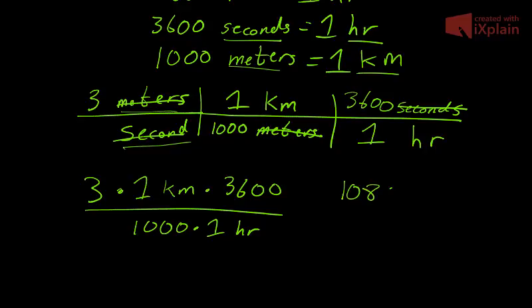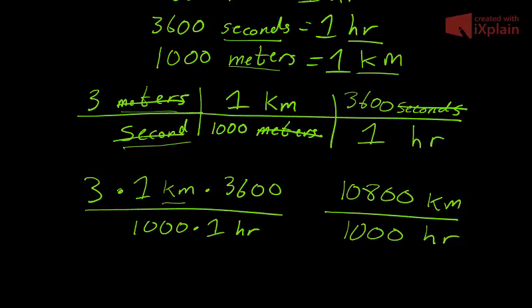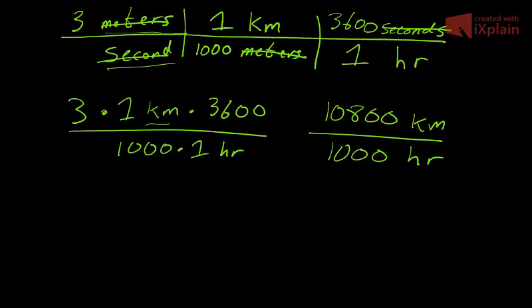So 10,800, and my kilometers stick around, divided by 1,000 hours. So I have 10,800 kilometers divided by 1,000 hours, and that division would give me 10.8 kilometers per hour after I do that division right there, and I am good to go.